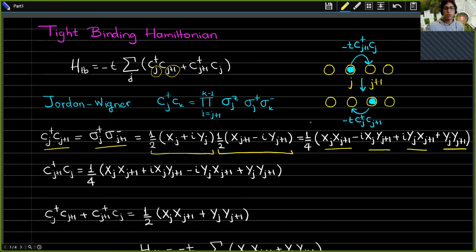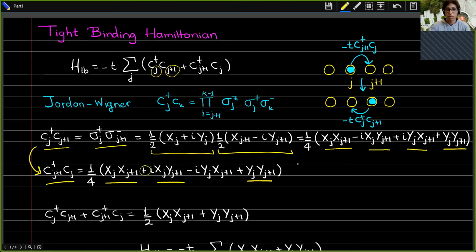But we have another term in the Hamiltonian, which is the opposite case: in the first case we create at site j but destroy at site j plus 1. In the second case, we destroy at j and create at j plus 1. So we're also going to have the couplings between x and y, xy or yx, but with opposite signs.